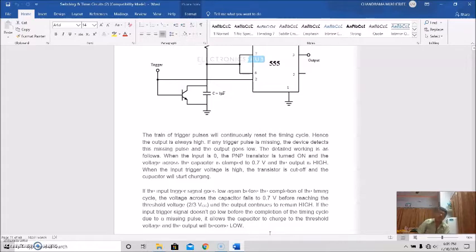If the input trigger signal doesn't go low before the completion of the timing cycle due to a missing pulse, it allows the capacitor to charge to the threshold voltage, and the output will become low.